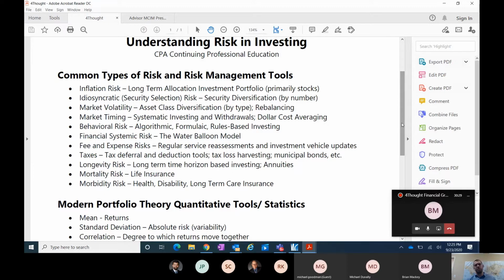These fees and expenses can come in many forms. When it comes to traditional brokerage, you're talking about commissions and trading costs, upfront sales charges and back-end sales charges. When it comes to investment advisory and asset management, you're talking about investment advisory fees, portfolio management fees, and internal expense ratios of funds.